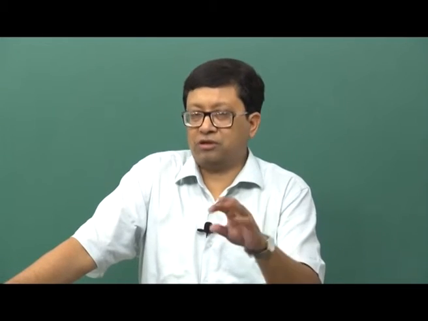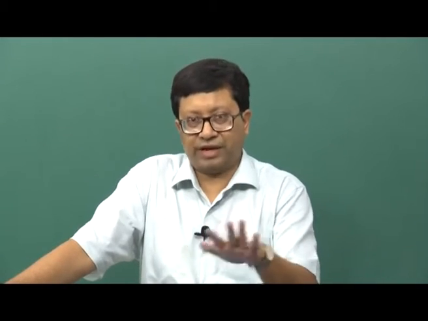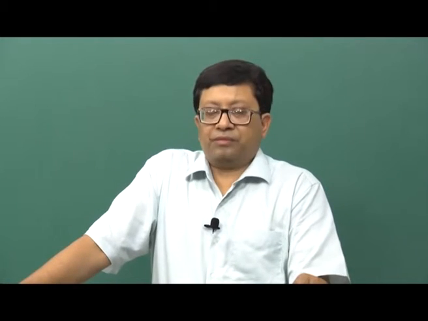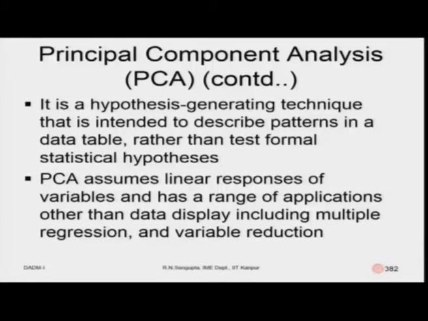I am not talking about the calculation front, we will tackle it accordingly. Now, principal component analysis, or PCA, is a hypothesis generating technique that is intended to describe the patterns in a data table rather than test a formal statistical hypothesis.